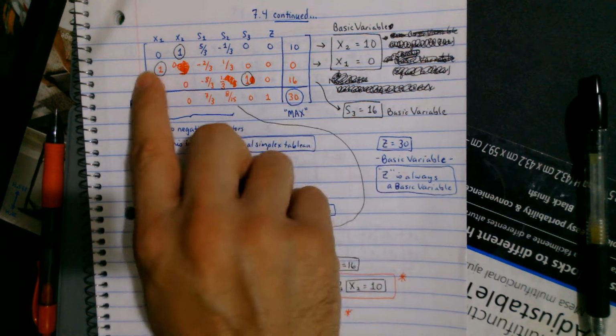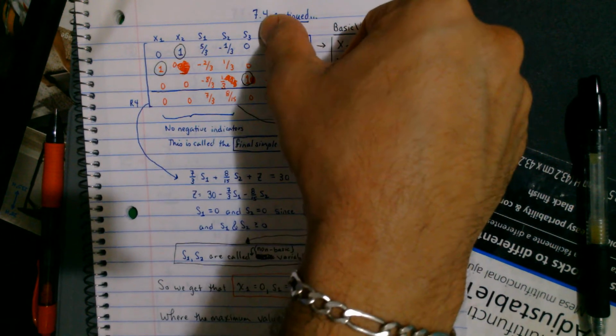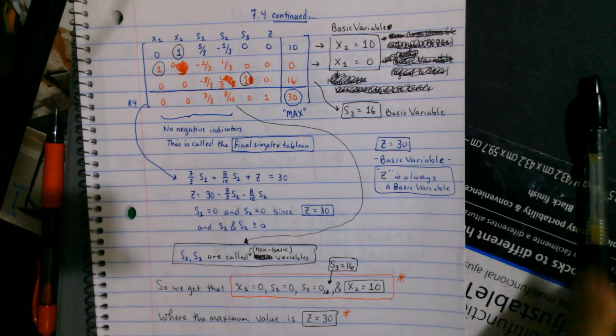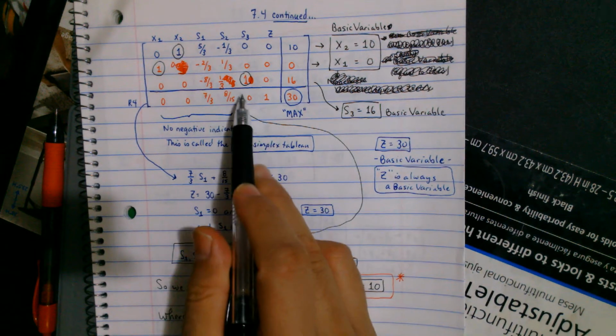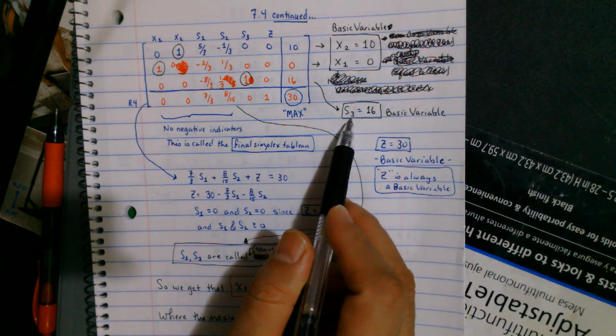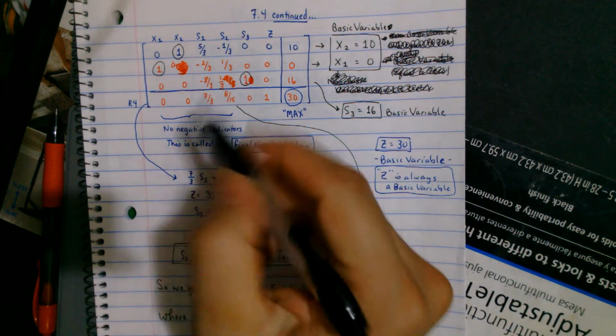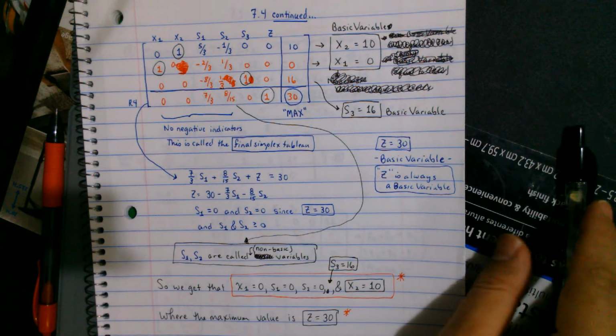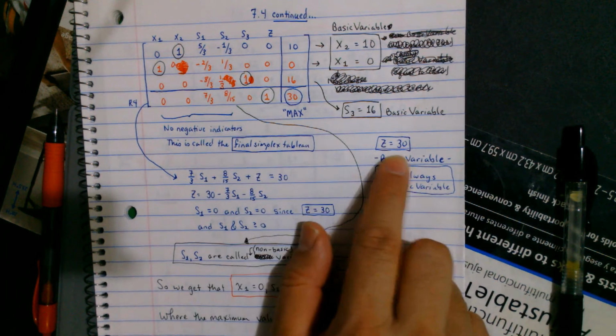It actually works out that when you pivot here, these are also pivoted. So S3 is equal to 16, which makes it a basic variable, and also Z is equal to 30 when you're done. So that's your objective value.